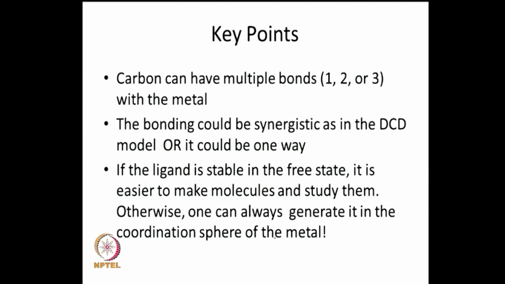Carbon can have multiple bonds between the carbon and the metal, and we can have synergistic interaction between the metal and the carbon, so that you can have a give and take which stabilizes the metal carbene complex. And if the ligand can be made in a stable form, then it is easier to make these molecules and study them in the coordination sphere of the metal. So, metal carbene complexes and metal carbyne complexes have been extensively studied and are very useful species in organometallic chemistry.